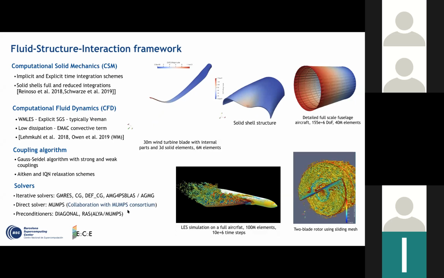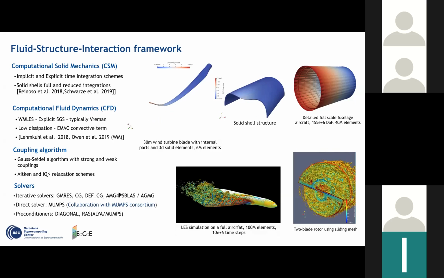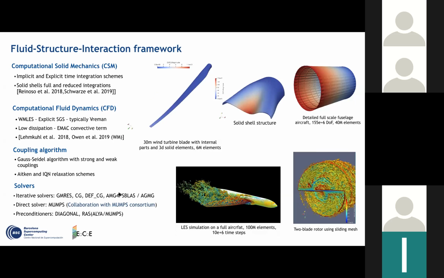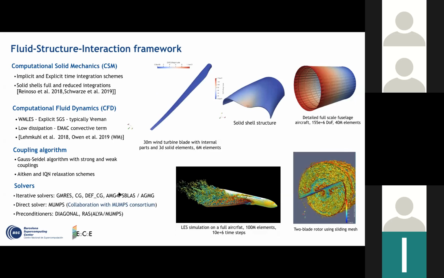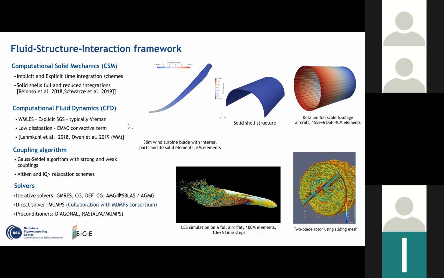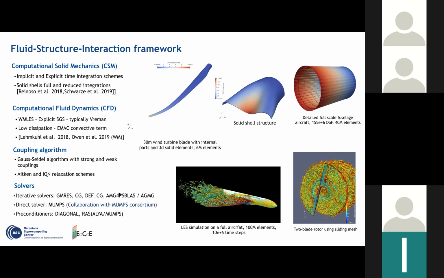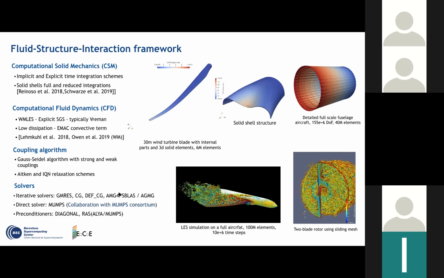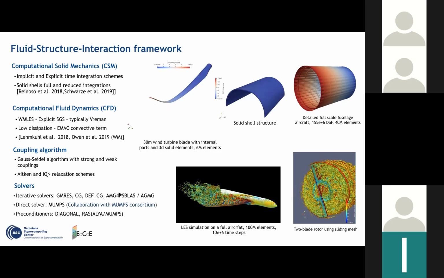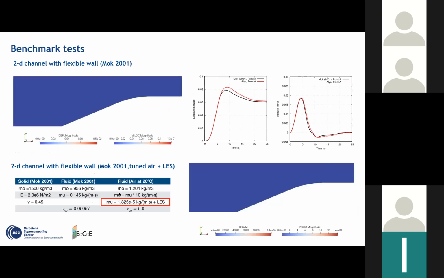In terms of solvers, we are also investigating a proper solver for the solid mechanics problems, because due to the complexity of the structure this can be very expensive in a coupled simulation. So we also work in collaboration with the MAMS consortium to find a proper solver for this kind of simulation. Now let's see some benchmark tests.